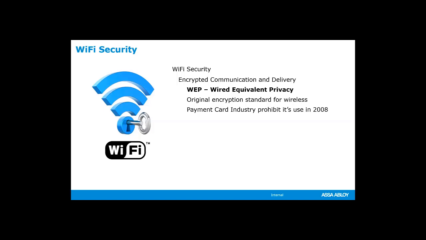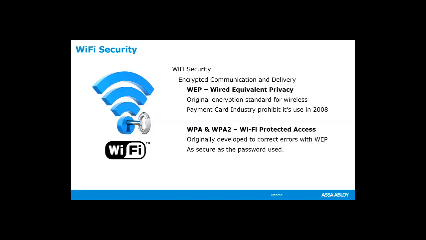The credit card industry actually prohibited use of this in 2008 because it was no longer secure. So what was developed was WPA or WPA2, which is Wi-Fi Protected Access. This was developed to correct the errors with WEP, and it is as secure as the password used. So the more complicated the password, the more secure this encryption is.